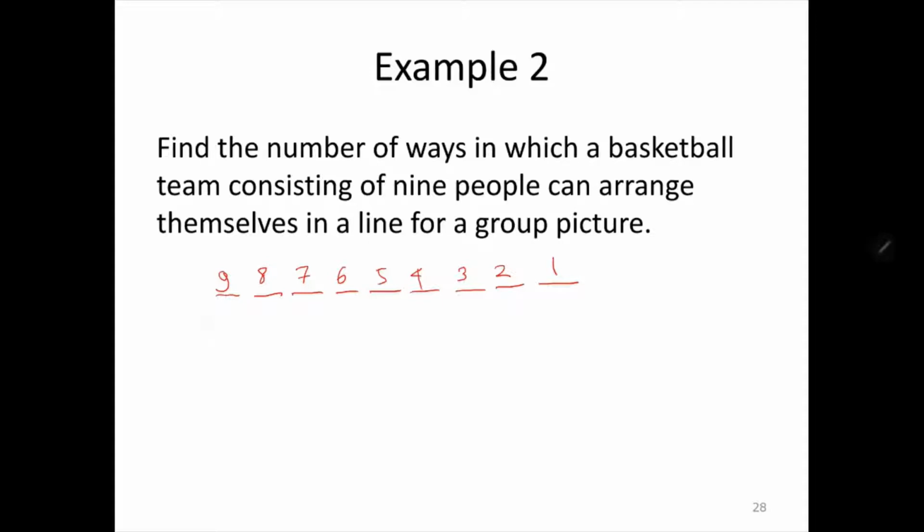So we have altogether the number of ways in which the team can arrange themselves.